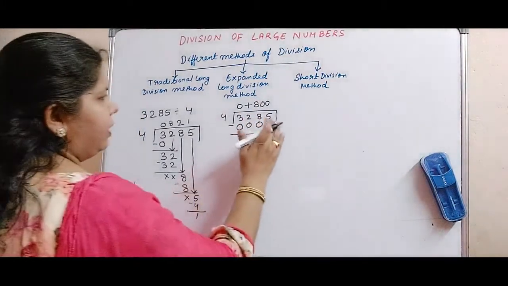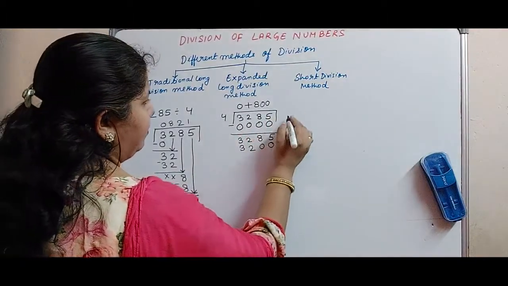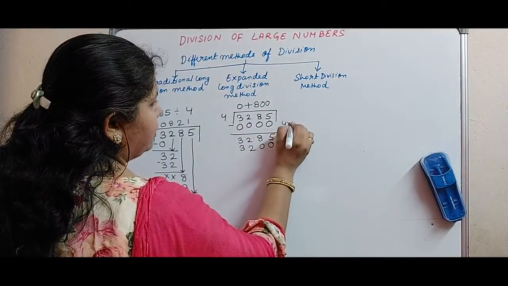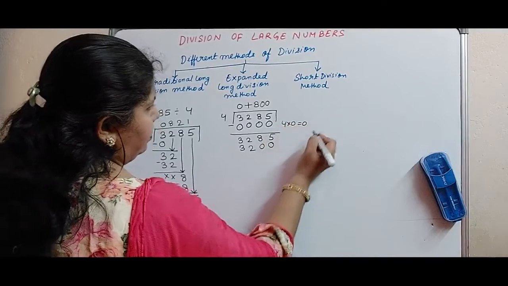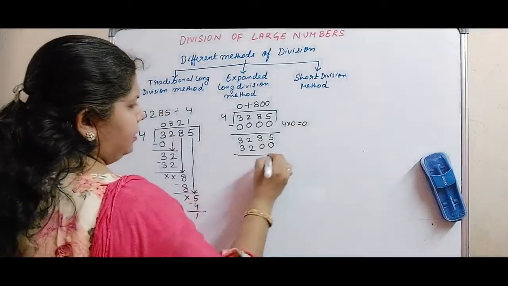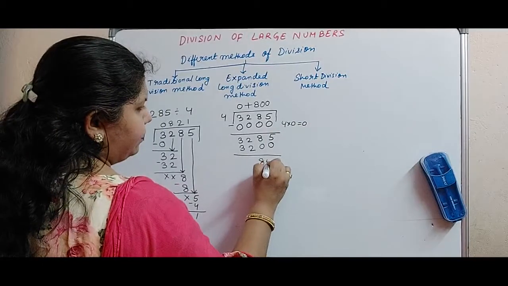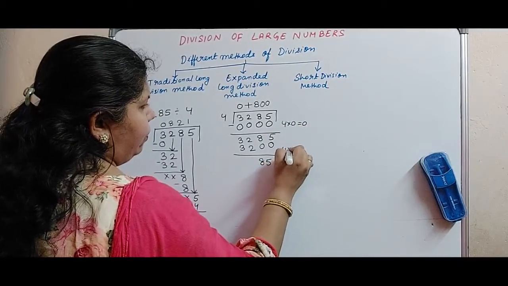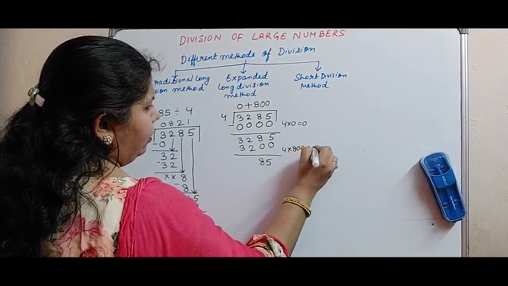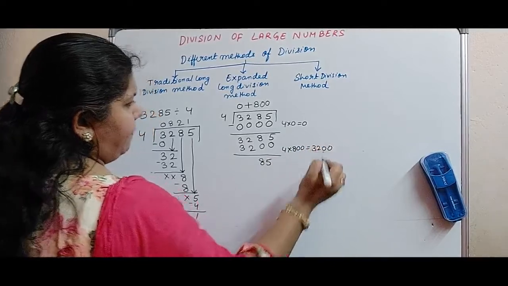So what does this particular step mean? It means that 4 into 0 equals 0. And this step means 4 into 800 equals 3200.